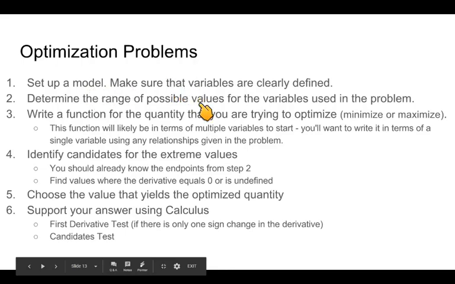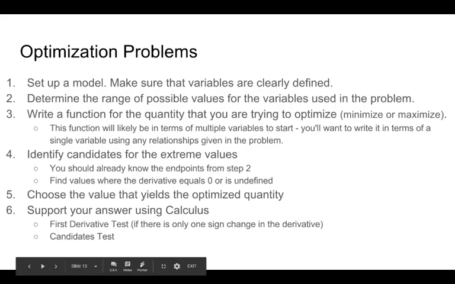This kind of goes along with number three also, for writing a function for the quantity that we want to optimize, minimize, or maximize. So we want to set up a model. We want to figure out what's the biggest possible value and the smallest possible value for the variables that we're using. And then we want to set up a function. Usually that function is going to be in terms of more than one variable.